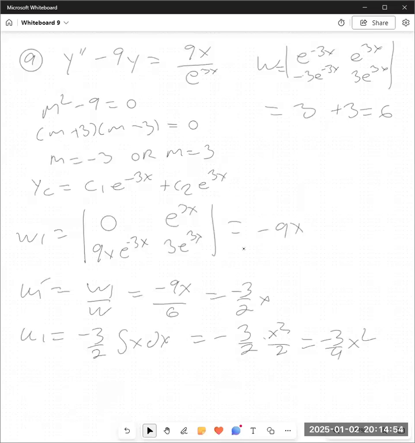Okay. And then W2 is equal to 0, 9x e to the -3x, e to the -3x, -3e to the -3x. This is 9x e to the -6x.